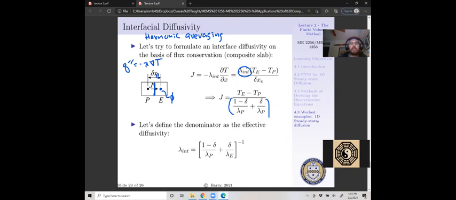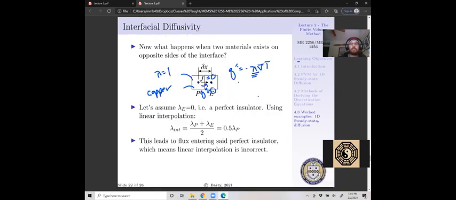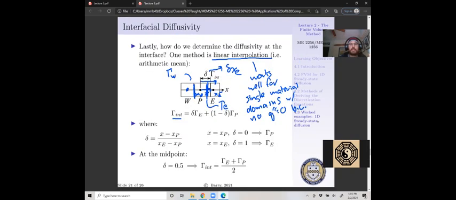Now, recall lambda int previously. We just did an arithmetic average. What we're able to do is, in this manner, define delta as how far we are going from our cell center at P to our cell center at E, and use the lever rule, right?